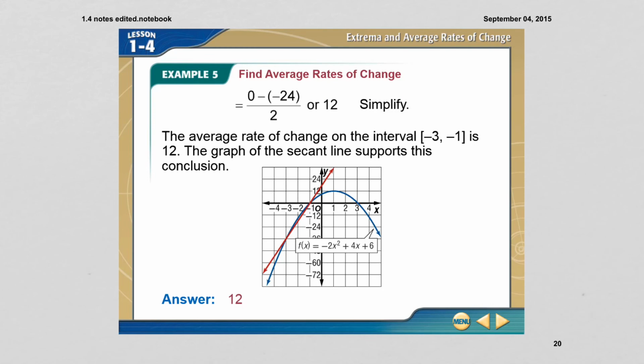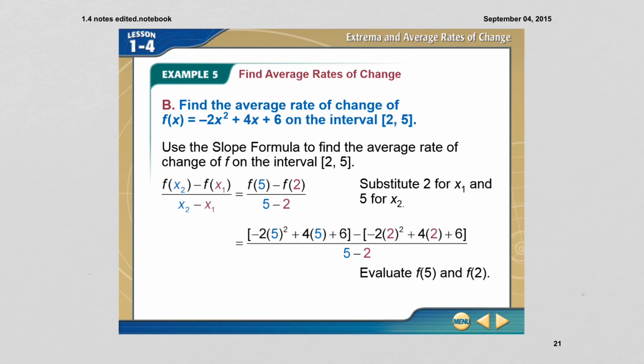And as we can see, after doing all the arithmetic, our average rate of change is 12. Well, the average rate of change on the interval from negative 3 to negative 1 is 12. The graph of the secant line supports this conclusion.